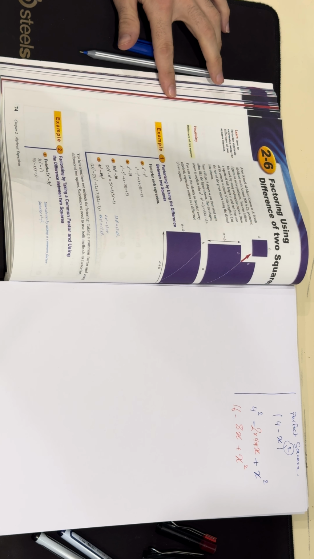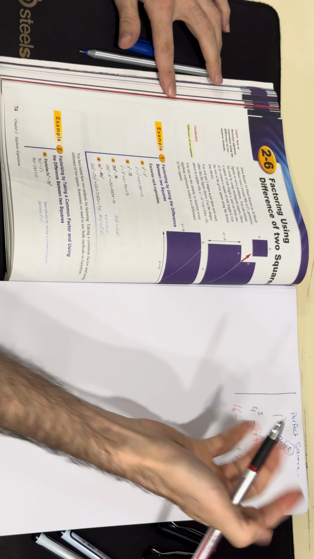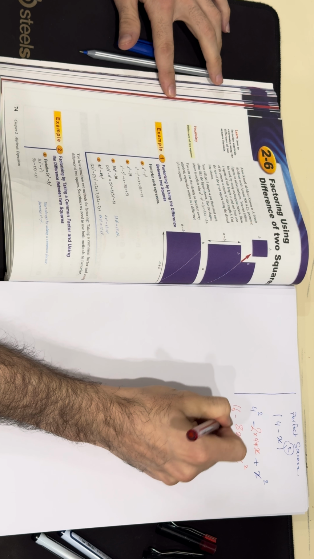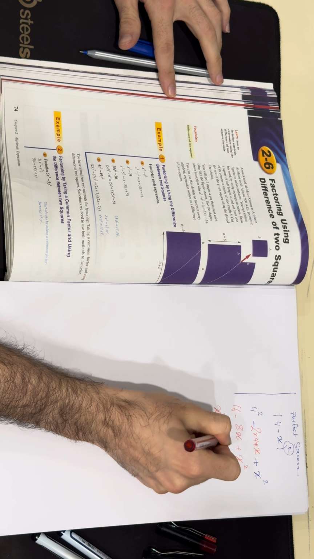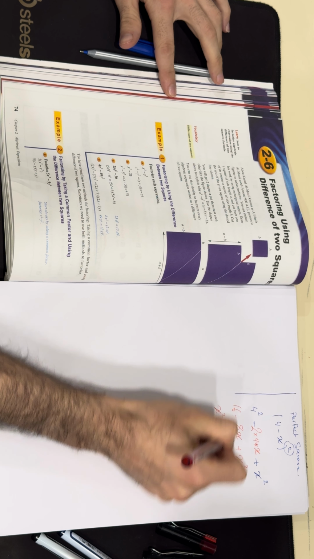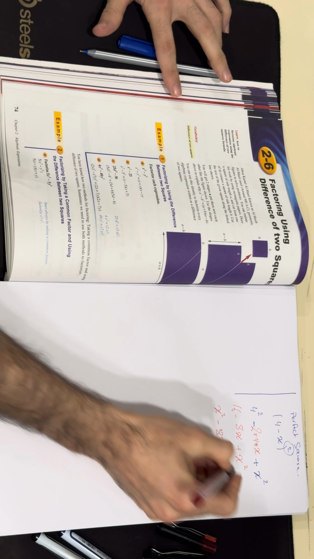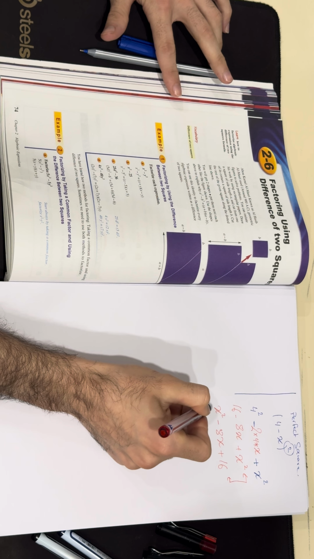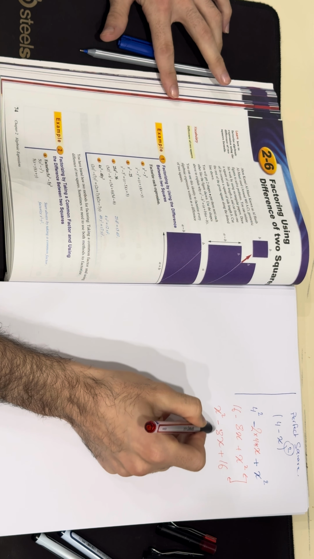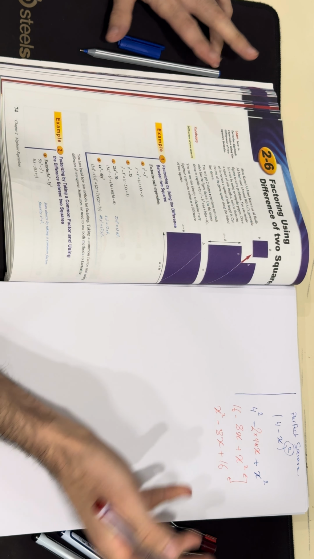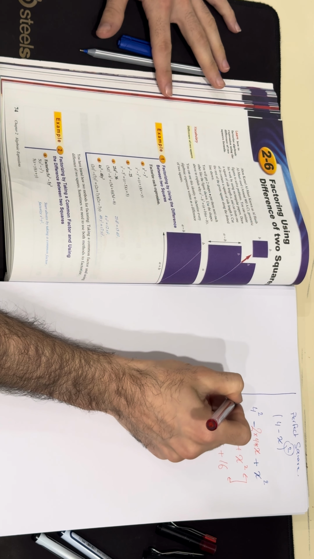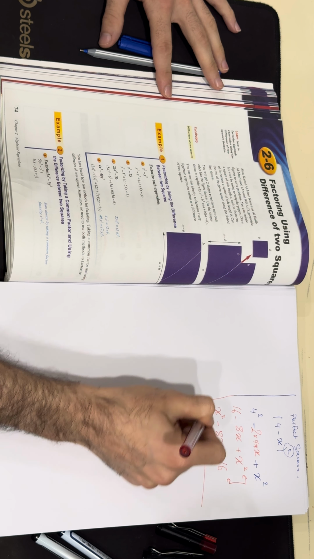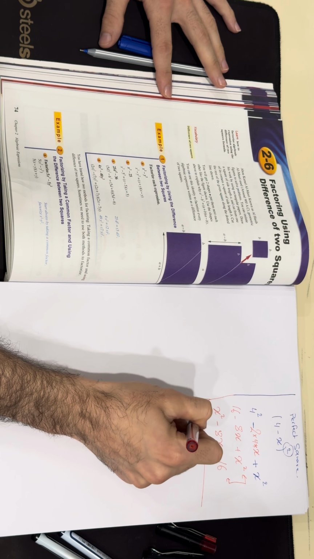Or you can change their places. You can say x power 2 minus 8x plus 16, which is exactly the same thing, because the sign doesn't change. Positive x power 2, negative 8x, positive 16, so you can change their places. It's totally fine.